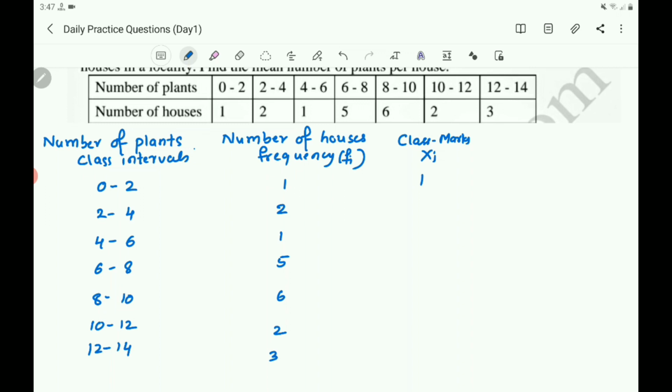Next, 2 plus 4 by 2, that is 6 by 2 equals 3. So you write 3 here. Then again 4 plus 6 by 2, that is 10 by 2 equals 5. So you write 5.